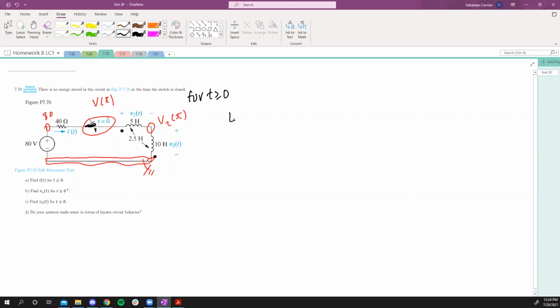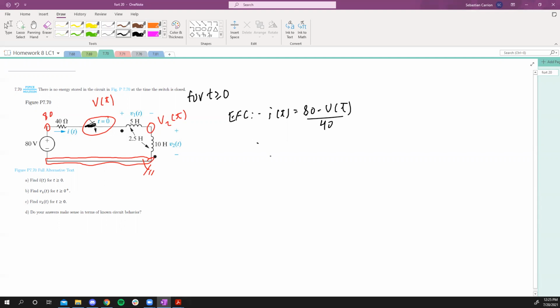So there's no KCL, no separation of current here. Current follows one path. So our equation for component would be i(t) equals 80 minus v(t) over 40.